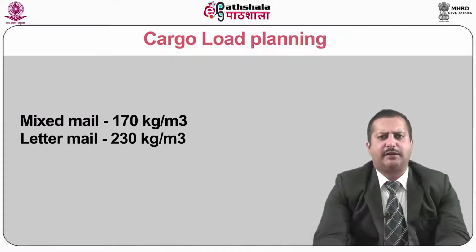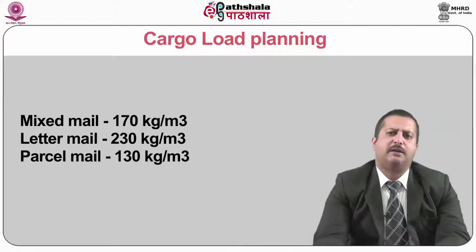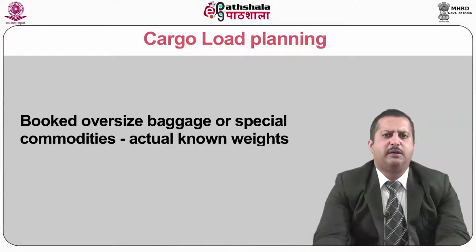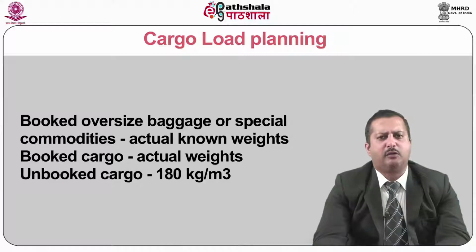Letter mail is 230 kg per cubic meter. Parcel mail is 130 kg per cubic meter. Booked oversized baggage or special commodities use actual known weights. Booked cargo uses actual weights. Unbooked cargo is 180 kg per cubic meter.